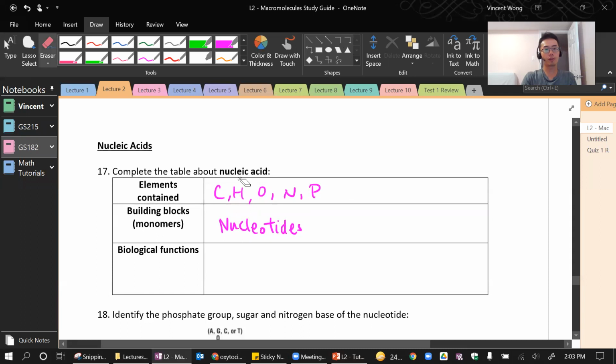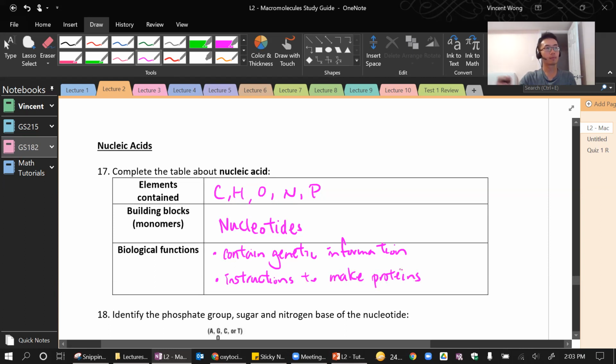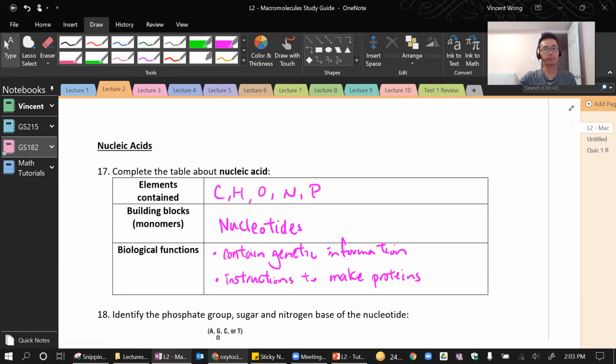And the biological function of nucleic acids: they contain genetic information, and they have instructions to make proteins.